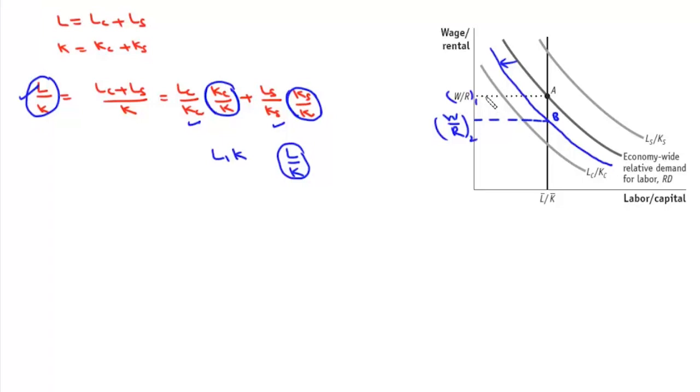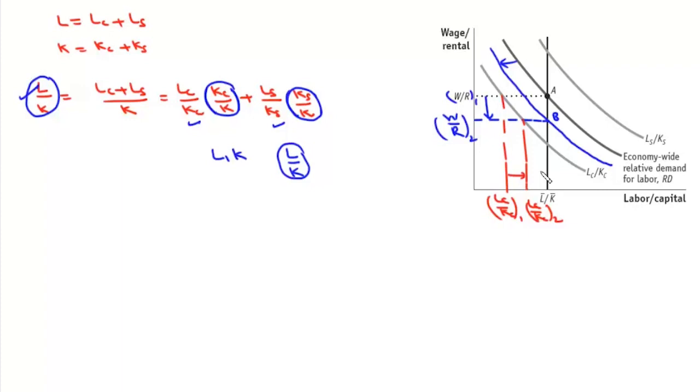So wage upon rental is going to decrease from W by R1 to W by R2. However, if we look at labor upon capital ratio for computers, it increases from LC upon KC1 to LC upon KC2. So labor to capital ratio is increased in case of computers.